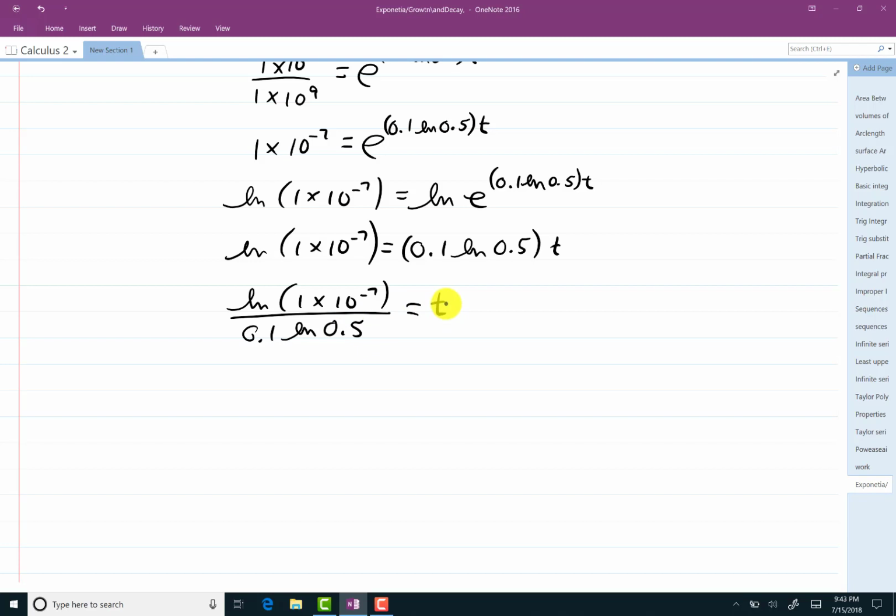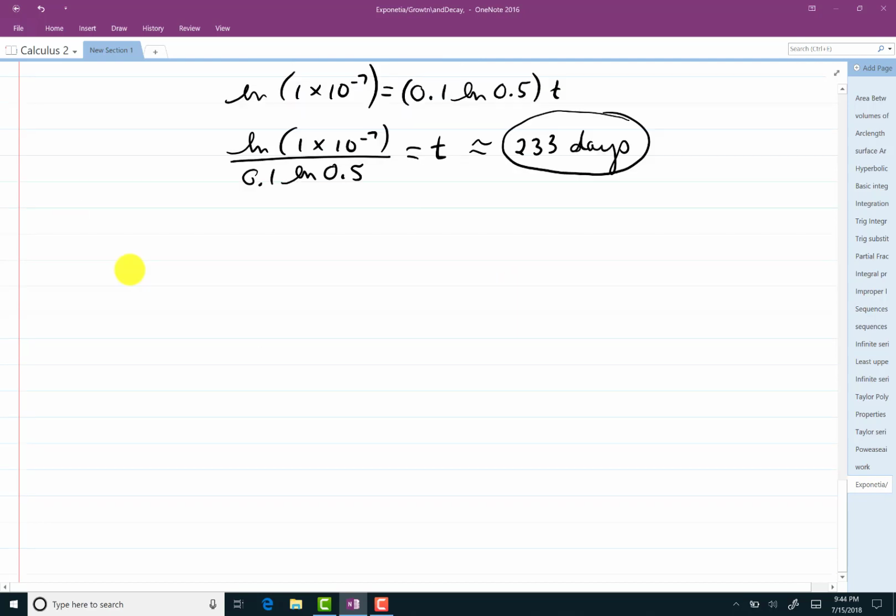And when you do this computation on your calculator, you should end up with about 233 days. We'll call this an exponential model. And it will look like, I'm going to use the letter A because it will more often be the amount of something.